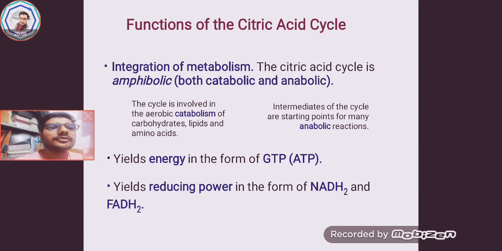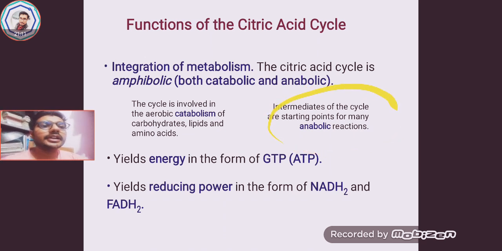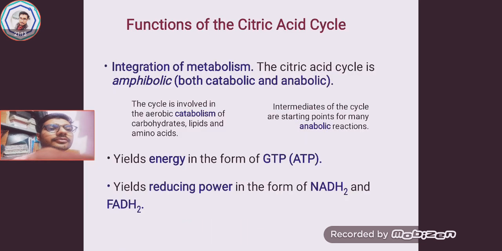Now the functions of the citric acid cycle: we have already seen that it is amphibolic, so it will undergo catabolism and anabolism. Anabolism is the starting point for many reactions, and catabolism comes from carbohydrate, lipid and amino acid.